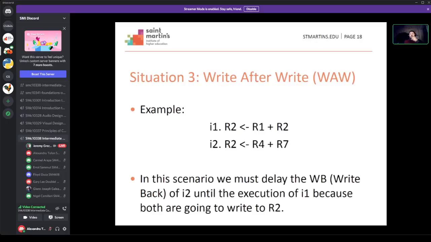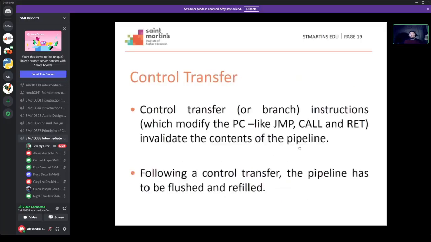All right. The third type of situation that can generate these pipeline stalls is what is known as control transfer.